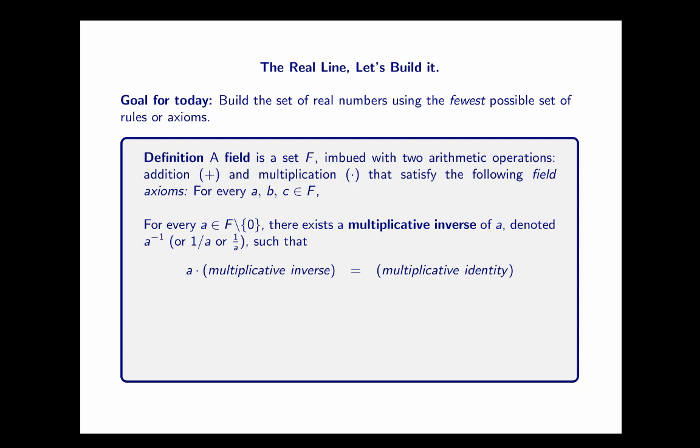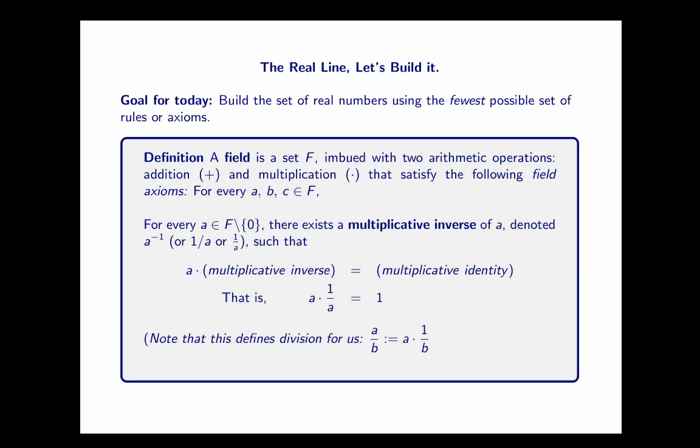So A times its multiplicative inverse, which we might know by another name as the reciprocal, is the multiplicative identity, which of course we know is 1. So A times its multiplicative inverse, which again is just another word for reciprocal. A times its reciprocal is 1. And every number has a multiplicative inverse. That is, every number has a reciprocal except for 0.